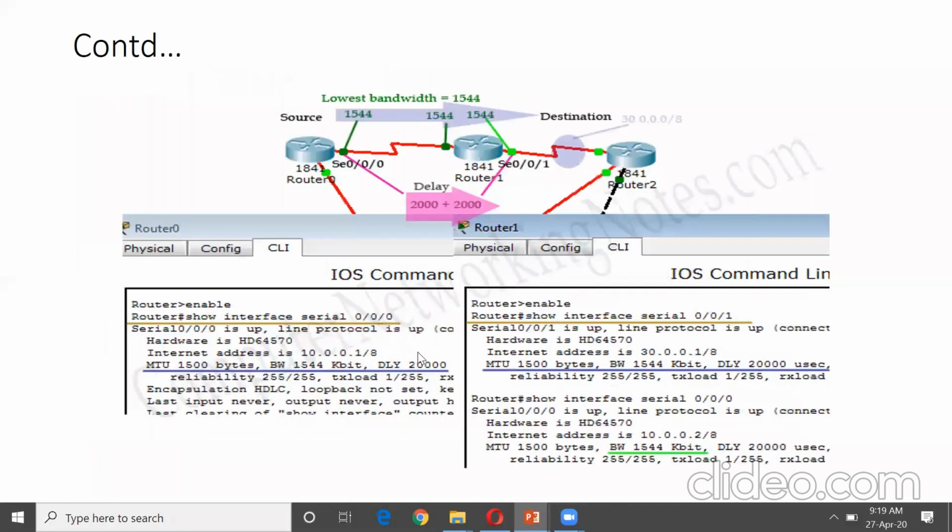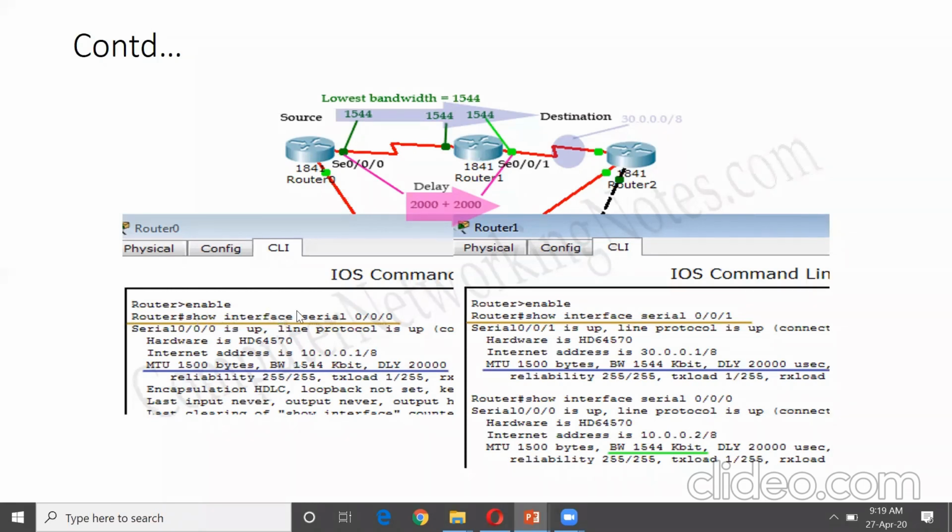We'll see here. Now you can see three routers are given here. This is the source and this router is the destination. So how to check the bandwidth of a particular interface? There is a command, show interfaces serial, followed by the interface name if you want to see the information regarding that interface only. If you want to see the information regarding all the interfaces of this router, then the show interfaces command is enough.